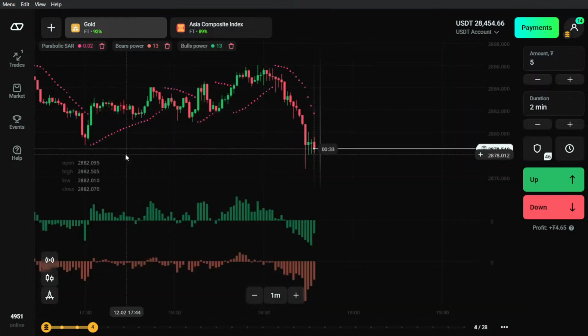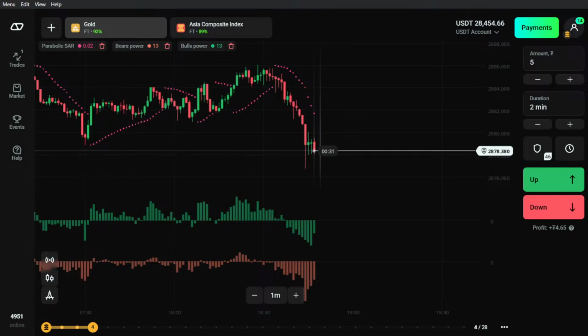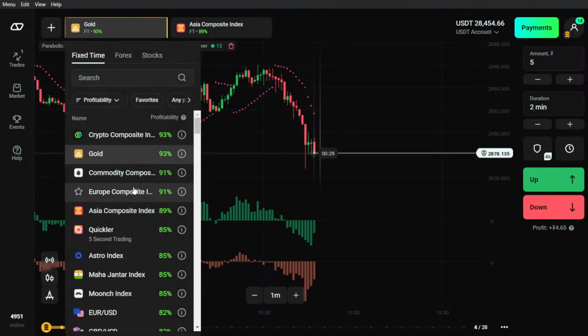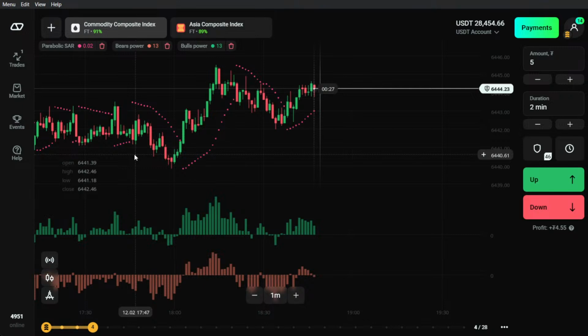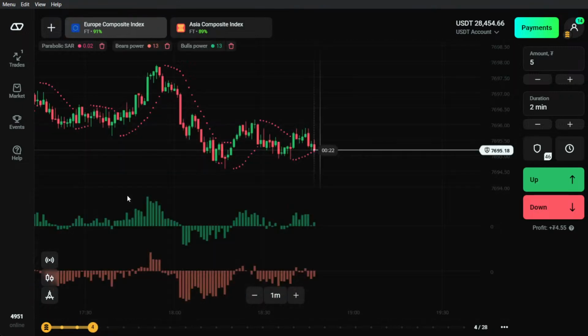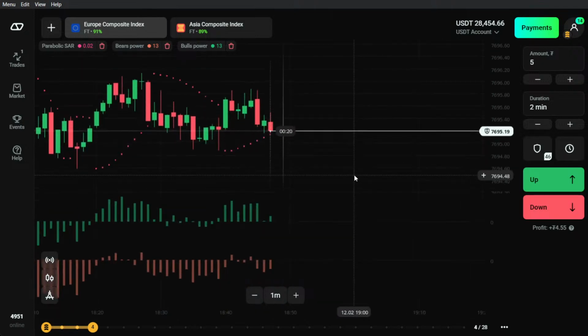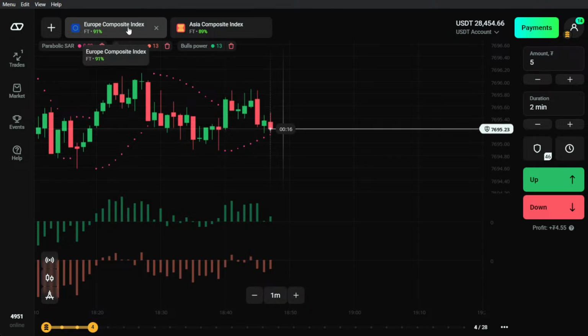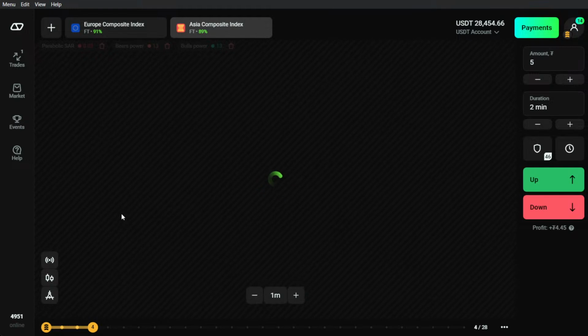I see traders trading only on Asia composite or only on crypto composite, just one or two assets. That doesn't give you more opportunities to earn, right? So if you have more opportunities to earn, you should grab them, and that can only come if you try a variety of assets, Vicky.